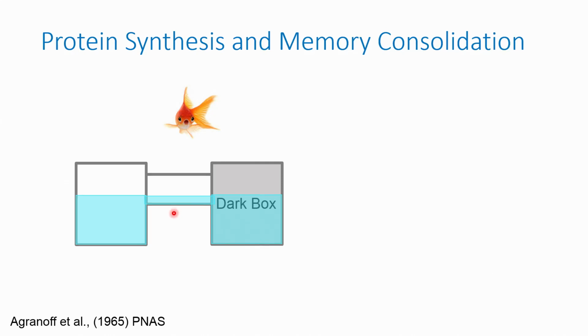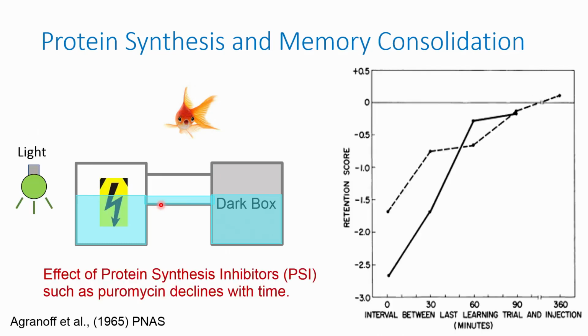Once you have done that, they are going to do the CS US pairing here. So what is the CS? The CS is a light coupled with electric shock. Right before the electric shock is given, the light goes off. The CS comes on, then it goes off, and then the electric shock is given.